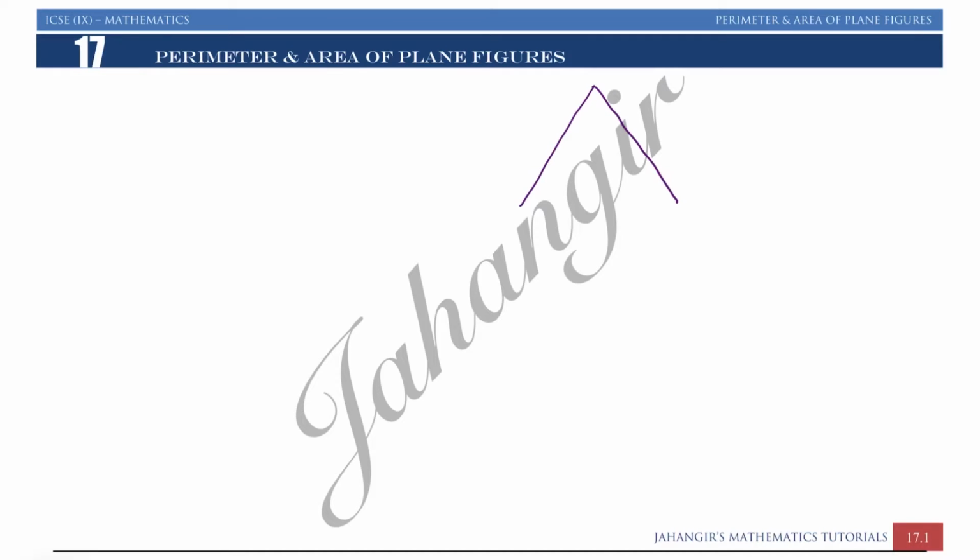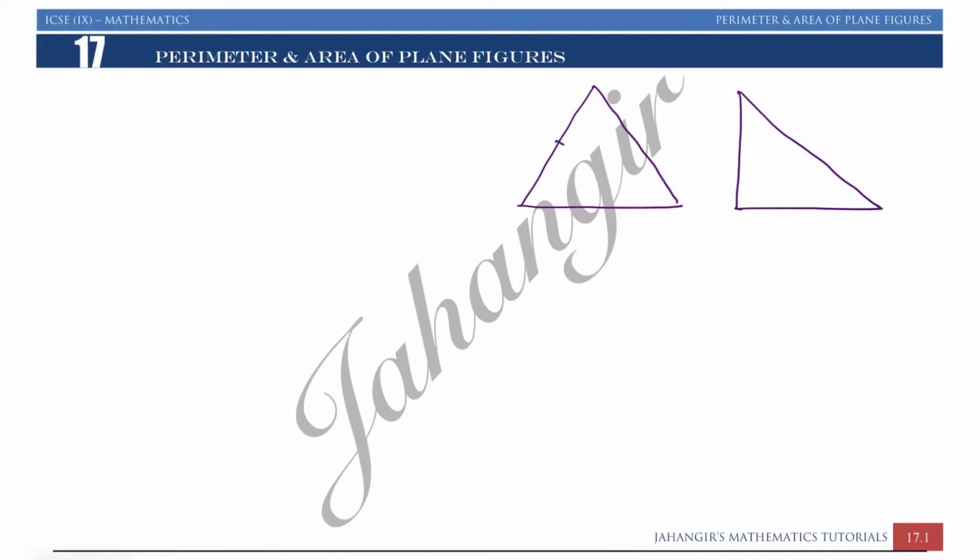One is acute angle triangle. Second is right angle triangle. And third is obtuse angle triangle. Or you can say equilateral triangle, isosceles triangle and scalene triangle.